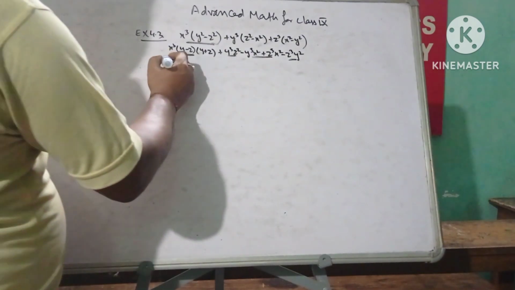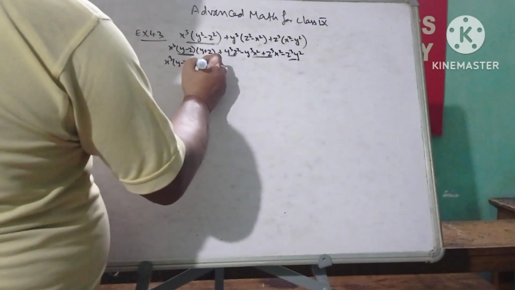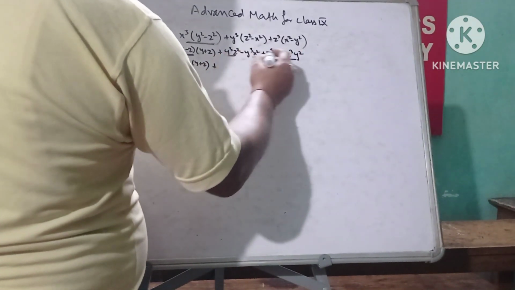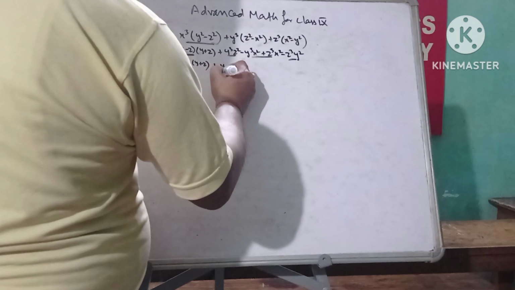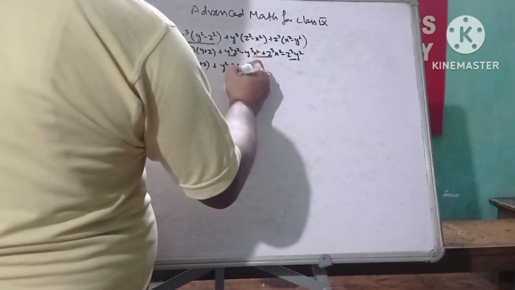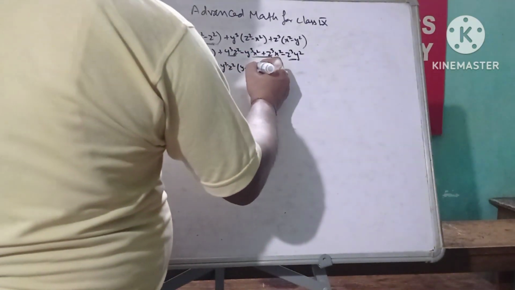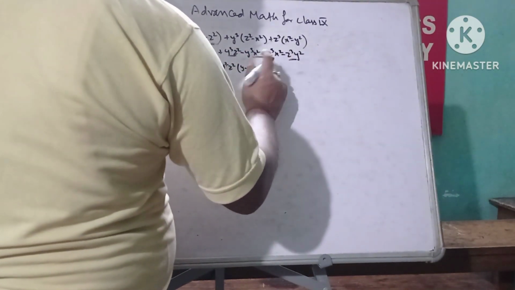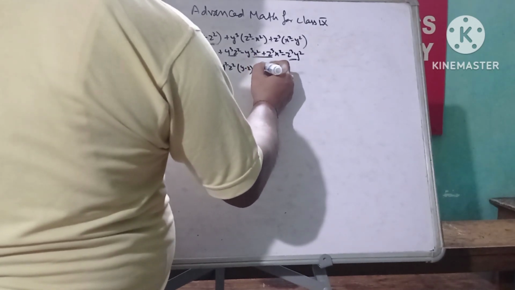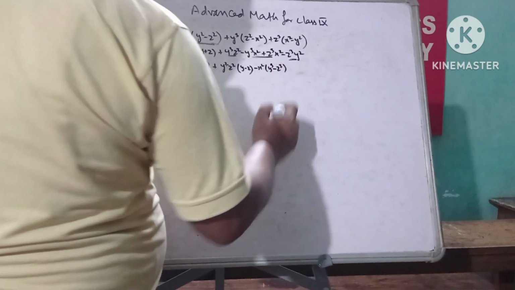So here you see x cube, y minus z, y plus z, and here you will find that y square z square will be common, so here will be y minus z, and here x square, let us take minus, when we take minus x square, so this will be y cube minus z cube.